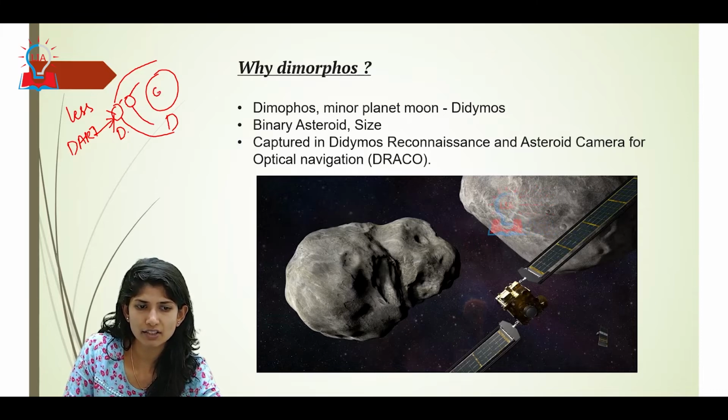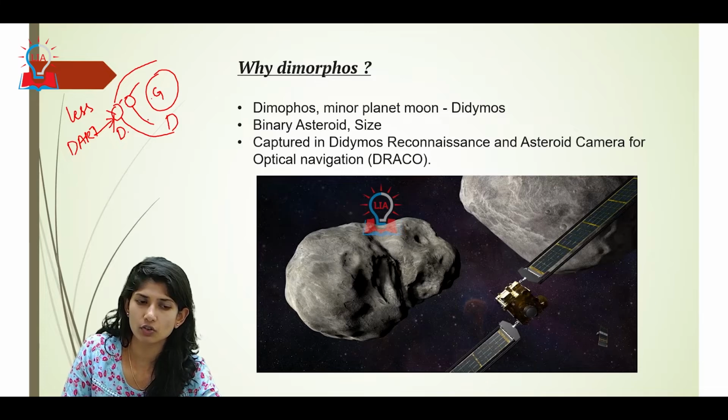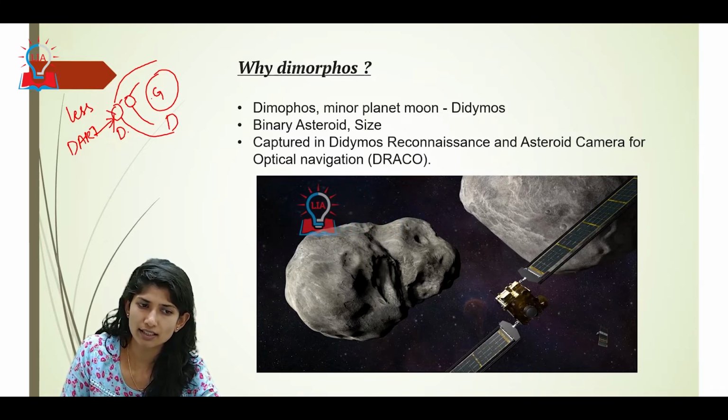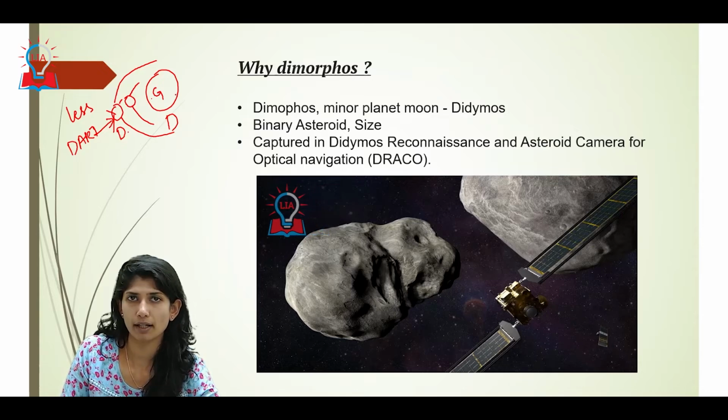Why? Because the gravitational pull of Didymos will gather this moon-like body nearby. So in the short range we might not have much impact now itself, but in the long range this will have a huge impact.